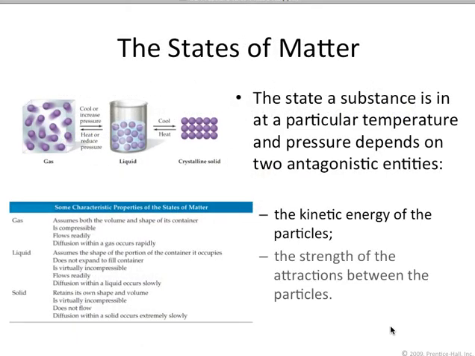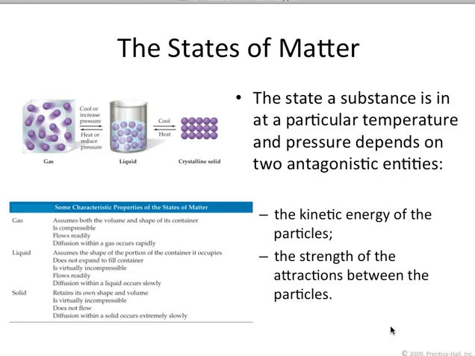All right, again, the state that a substance is in at any particular temperature and pressure depends on two antagonistic or fighting entities, things that are at odds with each other. The kinetic energy of the particles and the attractive forces between the particles. So if the kinetic energy is enough, the temperature is high enough to overcome those attractive forces, the substance will be in a gas phase.